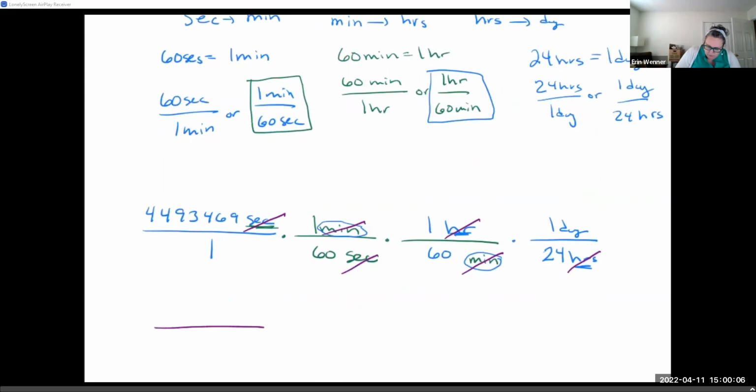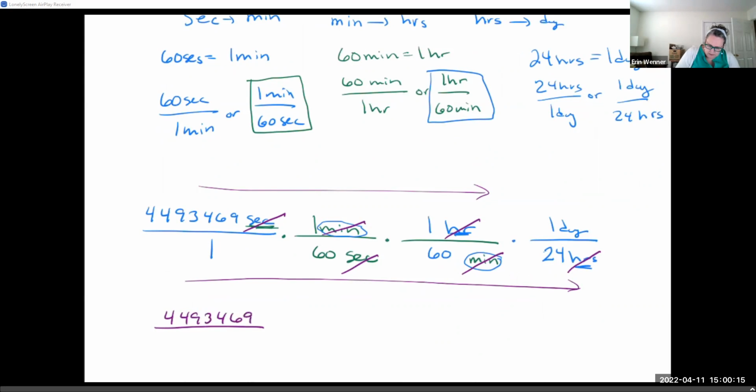So if we multiply through, right, we go straight across the top, straight across the bottom, I have 4,493,469 over 60 times 60 times 24.